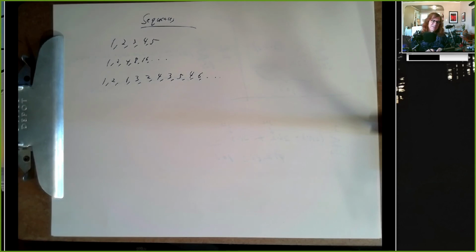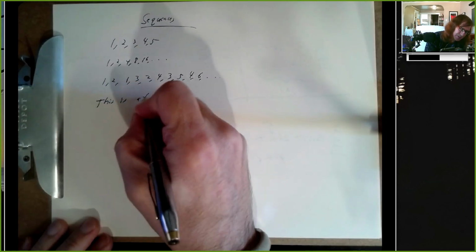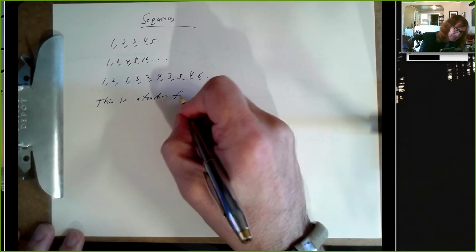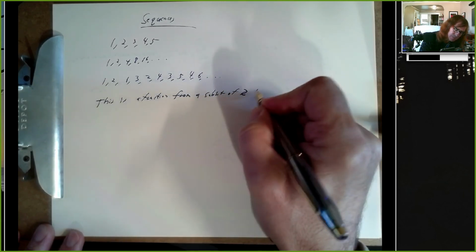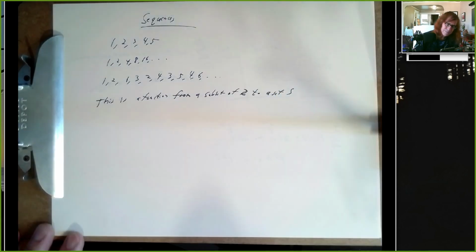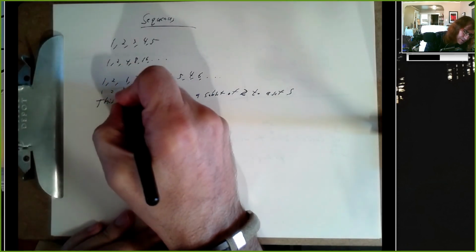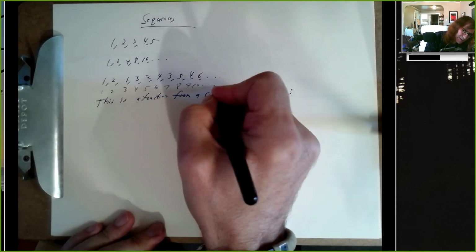And we can think of a sequence as a function. This is a function from a subset of Z to a set S. So for example, I might be thinking of a subset of Z consisting of 1, 2, 3, 4, 5, 6, 7, 8, 9, 10, and so on.